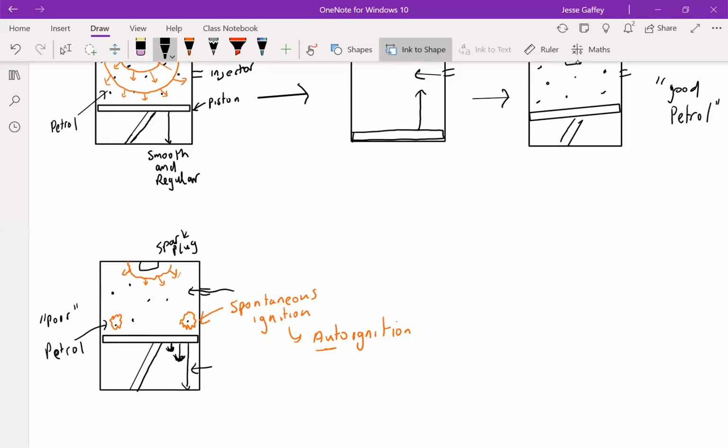So it's not a smooth motion anymore. We say it's jittery, or it's like vibration. Jittery means it's not smooth. So it's not smooth like before with good petrol, and it's out of time. It's not controlled by the spark anymore. Out of time.